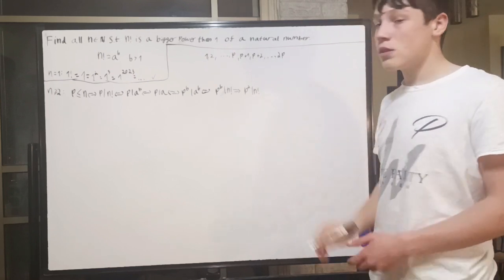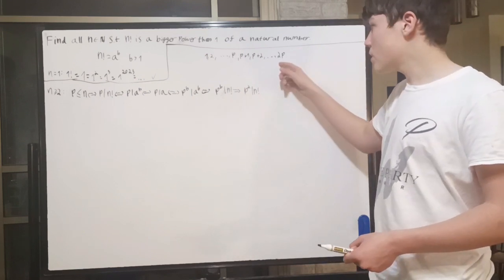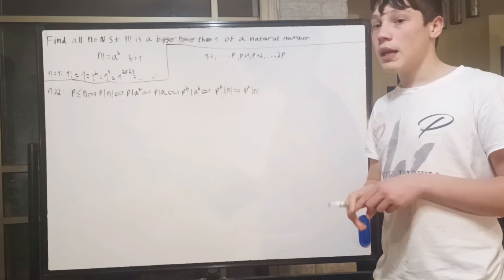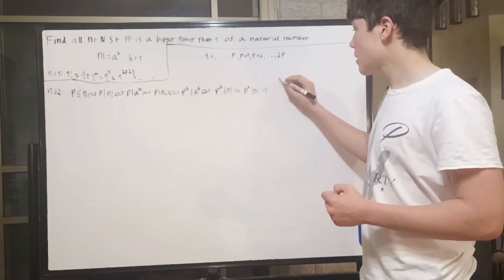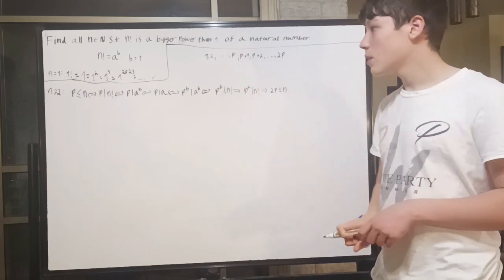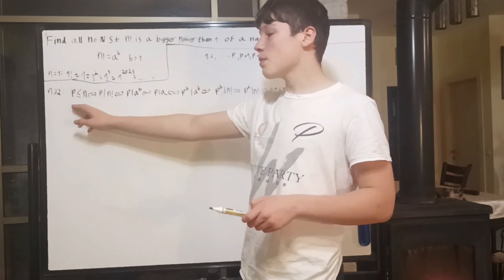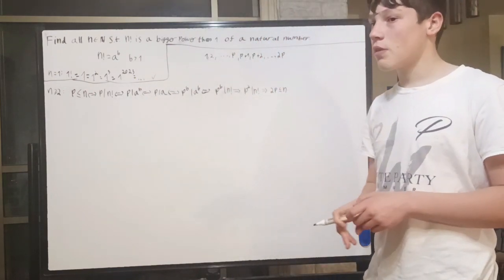Only after n reaches 2p can p squared divide into n factorial. So we can say that 2p is smaller than or equal to n. If some prime number is smaller than or equal to n, then 2 times that prime number is also smaller than or equal to n.